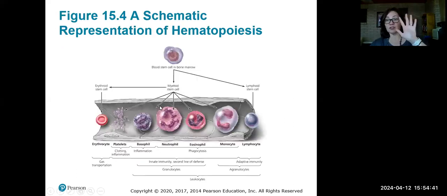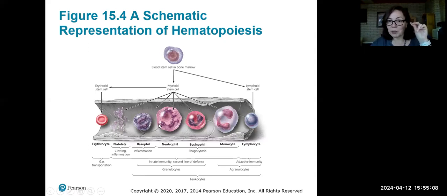All right, so these are the 5 different kinds of white blood cells here. The other 2 components, the other formed elements of the blood, are the red blood cells and the platelets. But most of the cells we're talking about here for the second line of defense are these white blood cells. The ones that look grainy, can you see in this cartoon?